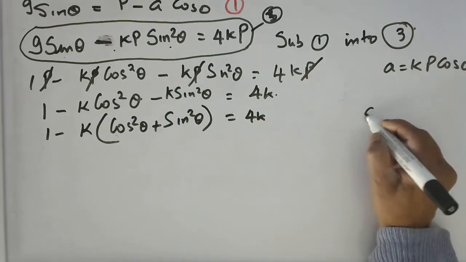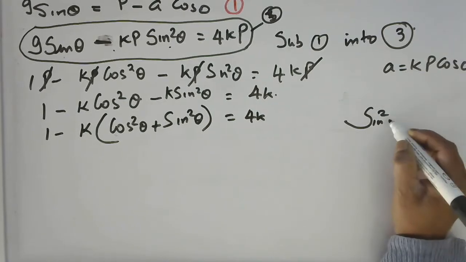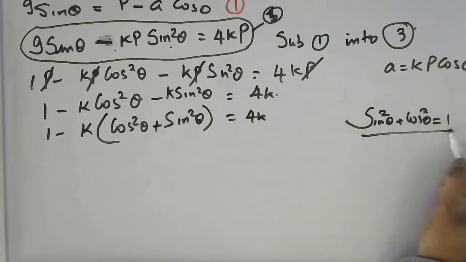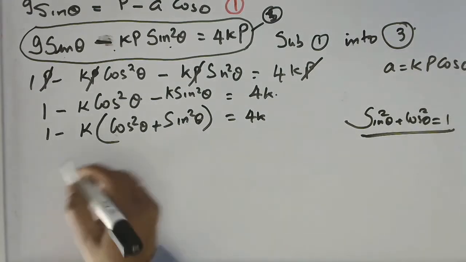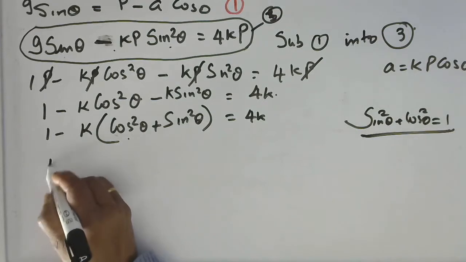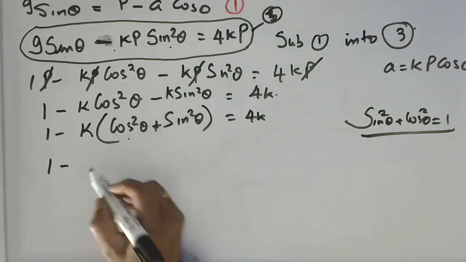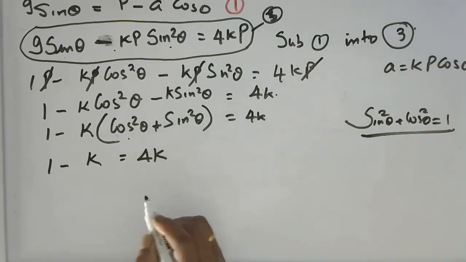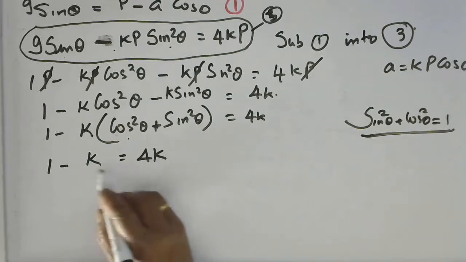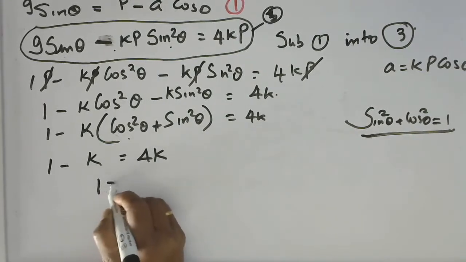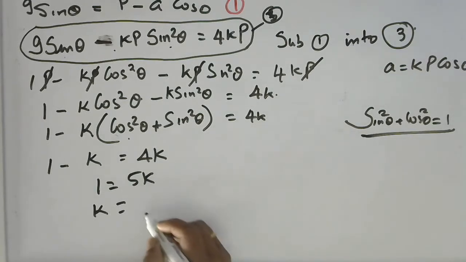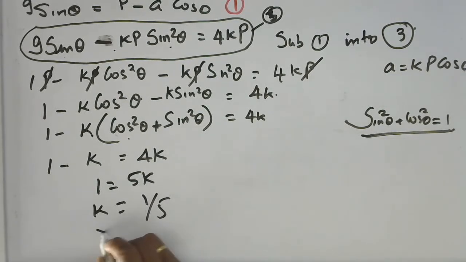Sine square theta plus cos square theta equal to 1; you should know that is the trigonometric identity. So that is going to be 1, so 1 minus k into 1, that's simply 1 minus k, equal to 4k. If you take k to the other side, 1 is equal to 5k. Therefore, k is equal to 1/5.